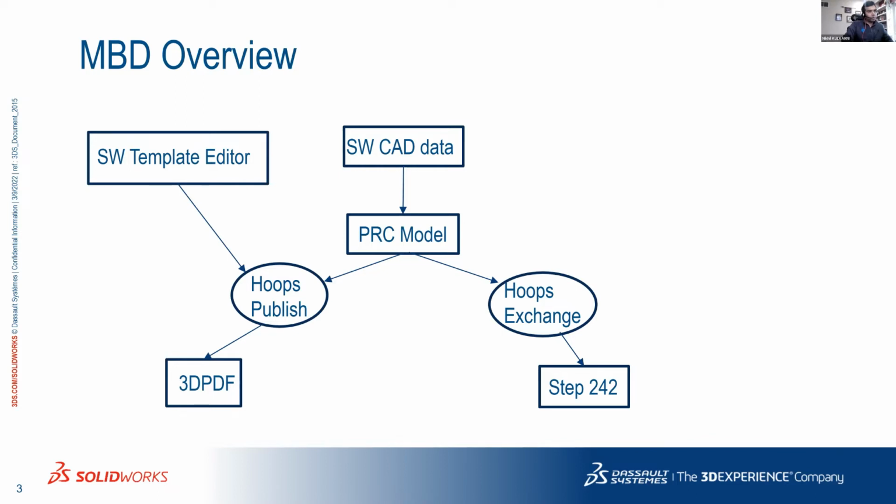With the same model, we can also use HOOPS Exchange and export it to STEP 242. So it's very, very easy for us to spit out either a 3D PDF or STEP 242 once the initial work is done.